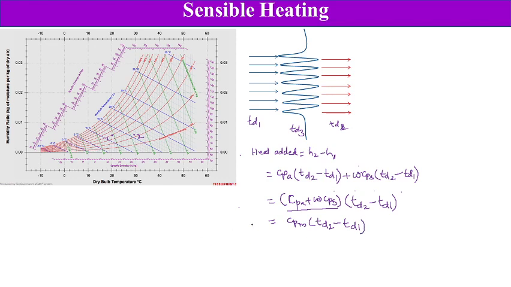So where this is heat added Q, specific heat added Q, where CPM is equal to CPA, specific heat of air, plus specific humidity omega into CPS, specific heat of water, that is steam.